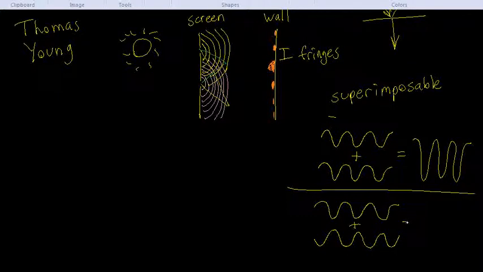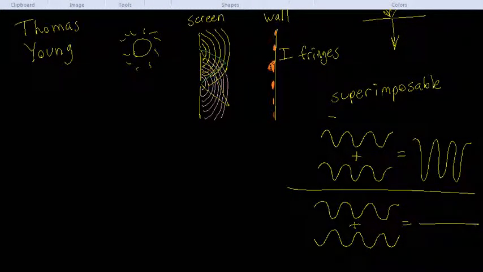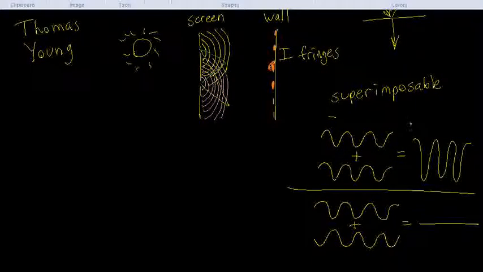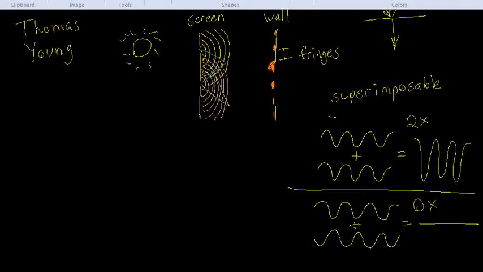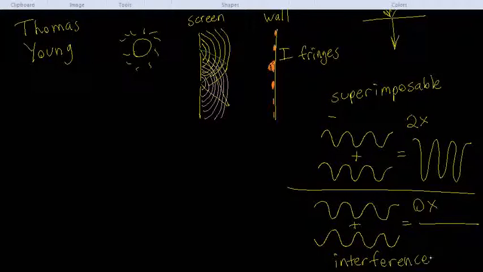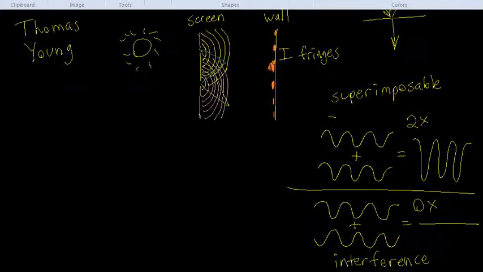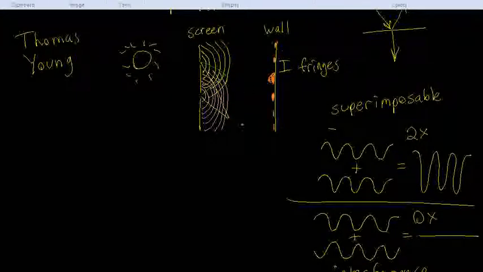And if you add these two together, you get nothing, or no wave at all. In this case, the most extreme possibility of constructive interference between two identical waves is just a wave that's twice as big, and the other extreme is getting no wave at all, 2 times or 0 times, or anything in between. And this is called interference, when we have two waves, or more than two, adding together to cause bright and dark fringes.